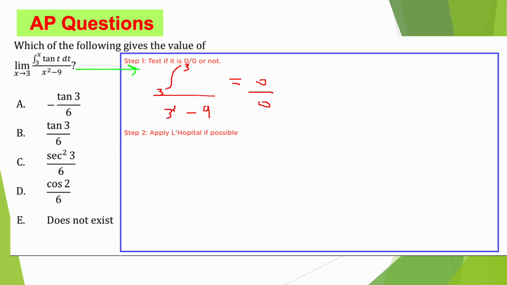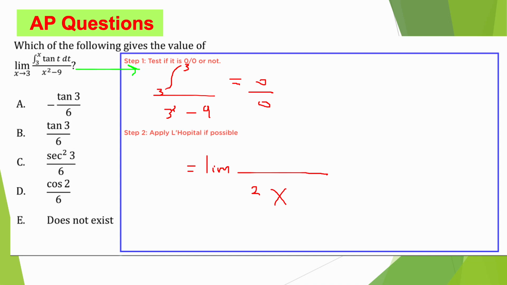To apply L'Hopital, we find the derivative of the numerator over the derivative of the denominator. So in this case, it will be the limit, as it is, still there is a limit, then the derivative of up over the derivative of down. What's the derivative of down? It's easy, it is 2x. But what's the derivative of up? In this case, we apply the fundamental theorem of calculus.